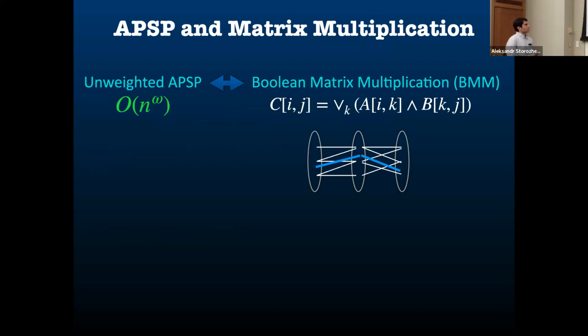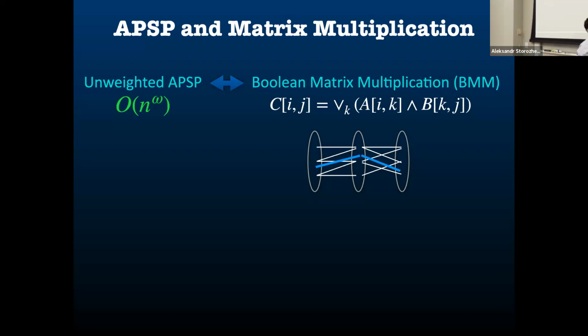I already mentioned, to solve unweighted APSP, you can use matrix multiplication. There's actually an equivalence to Boolean matrix multiplication. Not the standard one, but an even simpler thing, an OR of ANDs, which you can think of as APSP on 3-layered graphs. This is basically saying you don't have to worry about arbitrary complicated graphs.